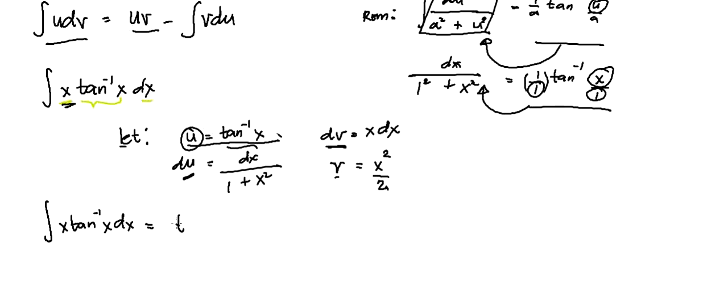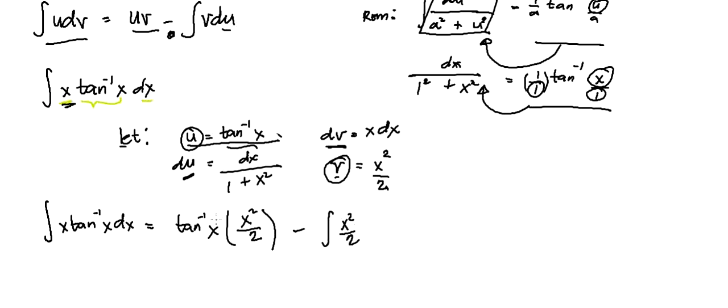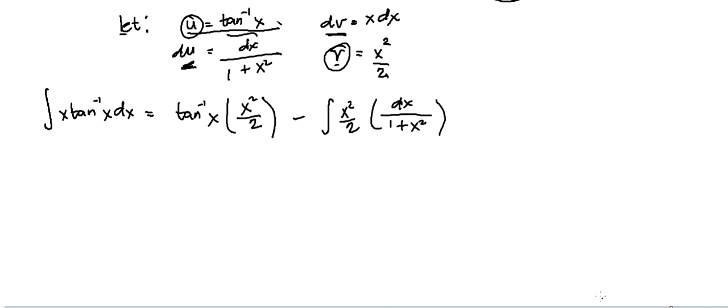We have arctan of x, and our v is x squared all over 2, and then minus the integral of v, which is x squared all over 2, times our du, which is dx all over 1 plus x squared, right?